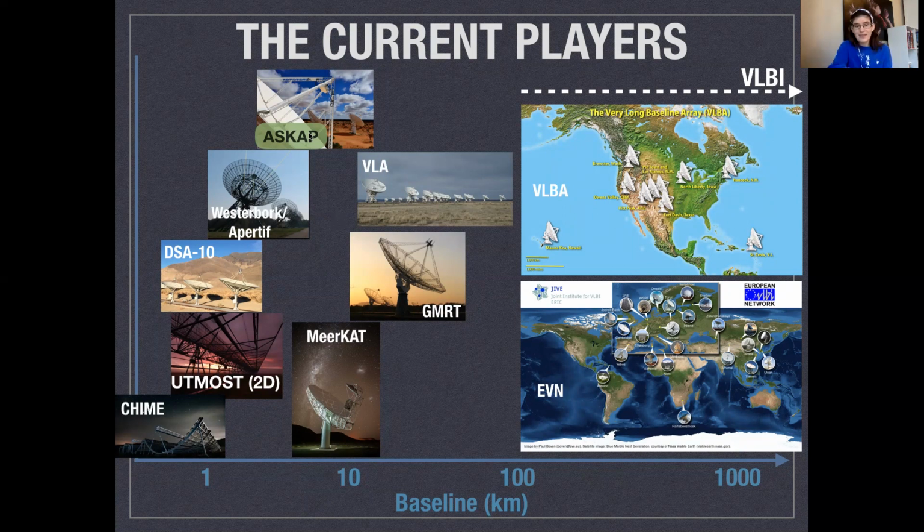There are ones that use the tight array beamforming we talked about, like UTMOST and MeerKAT. And UTMOST-2D, once that's fully operational, it will be able to associate most of its detected FRBs with host galaxies, which is very exciting. So for some very exciting updates on that, make sure to check out Adam Deller's talk in plenary session 8.